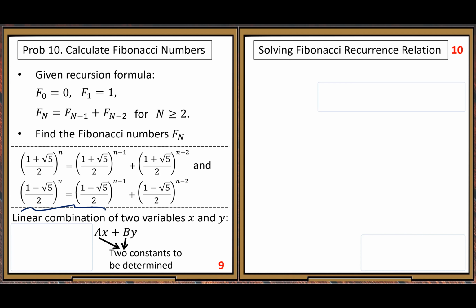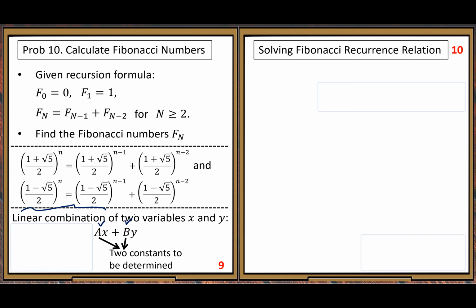So you may ask, why use this special linear combination to form a new solution? Because, capital A unknown, capital B unknown, for any constant A and any constant B, if we do this linear combination, we will get a new solution.